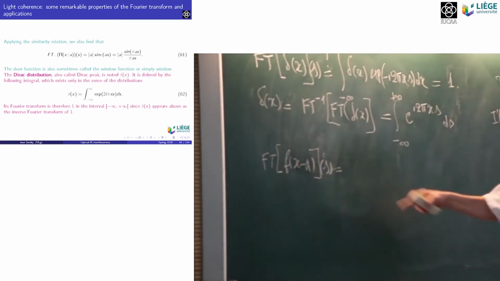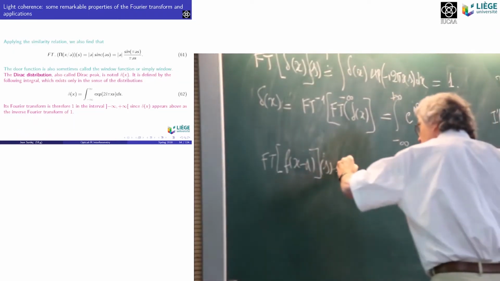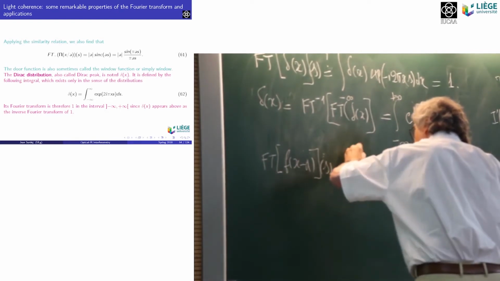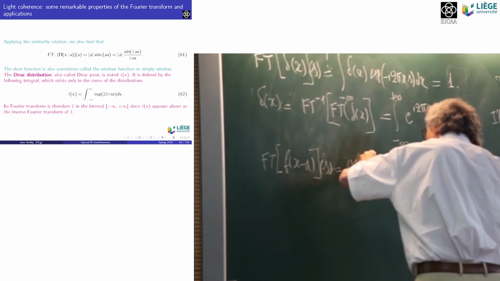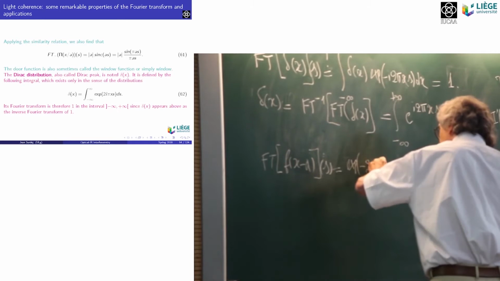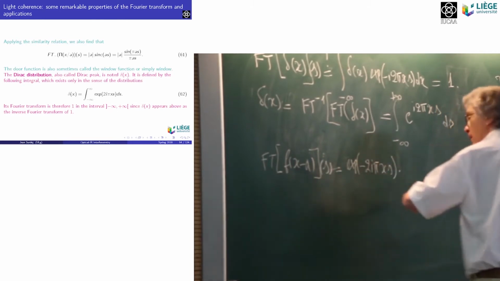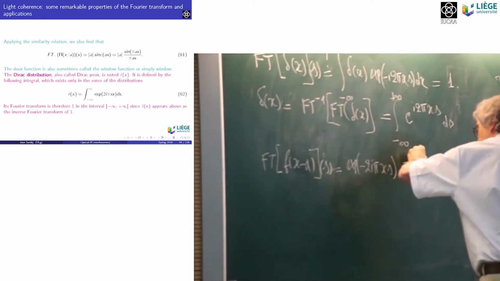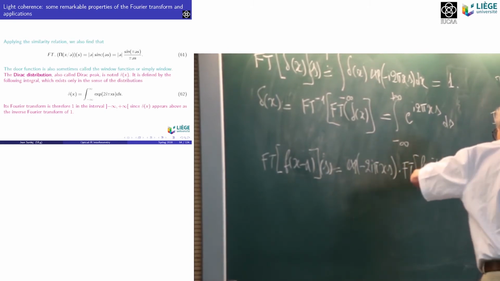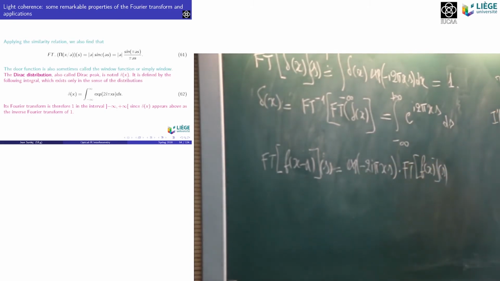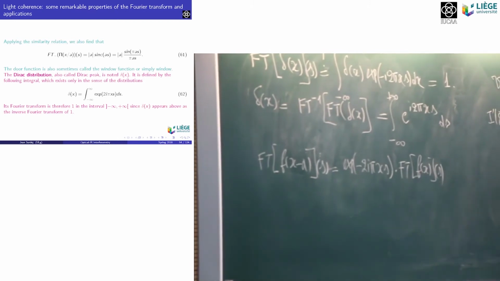This one we had demonstrated here. It is equal to the exponential of minus 2iπ x s multiplied by the Fourier transform of the function f(x) of s. You agree?